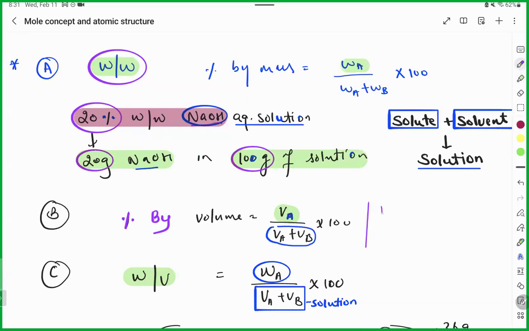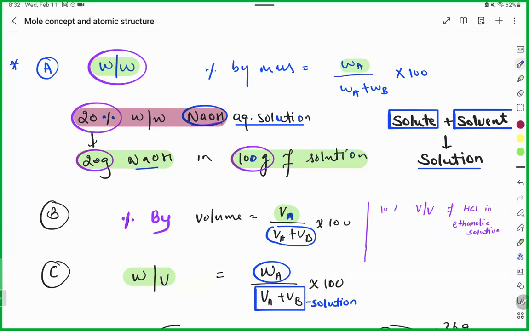If you write like this, you have 10% volume by volume of HCl in ethanolic solution. It means not 100%, 10%.